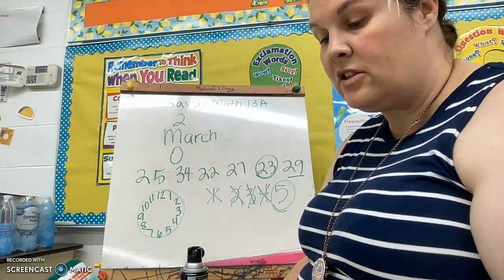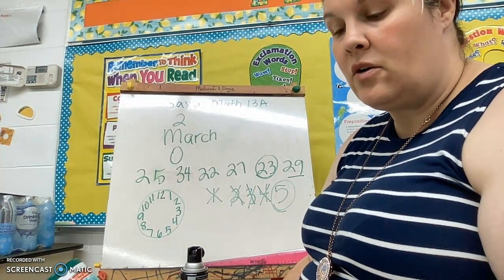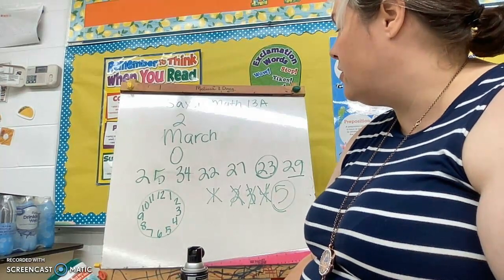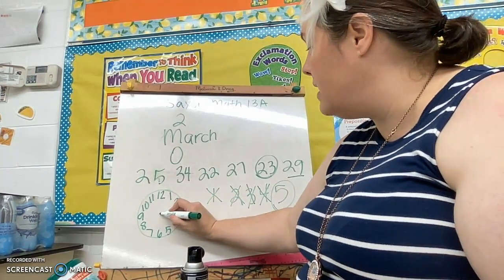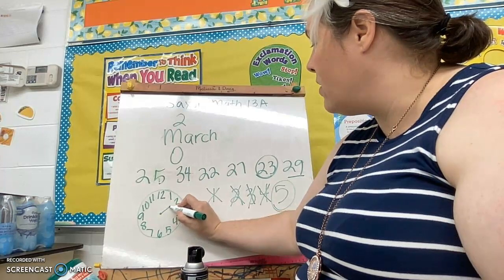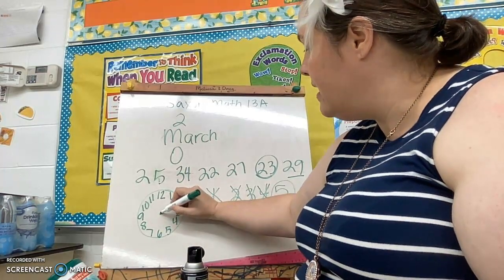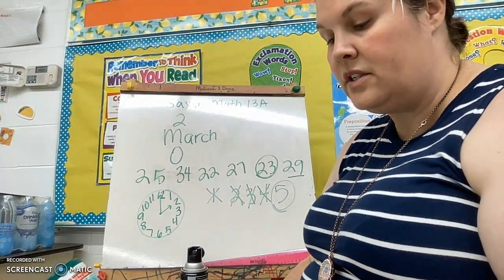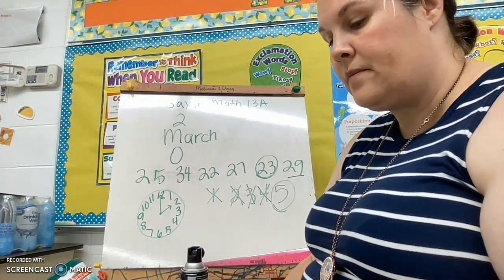Okay, but wait, there's more. It's telling me to show 2 o'clock on the clock. So to show 2 o'clock, I want the hour hand at the 2 and the minute hand at the 12. And that shows 2 o'clock.